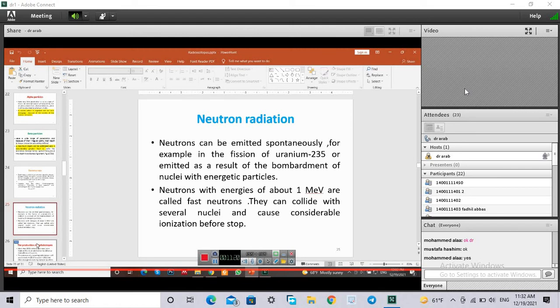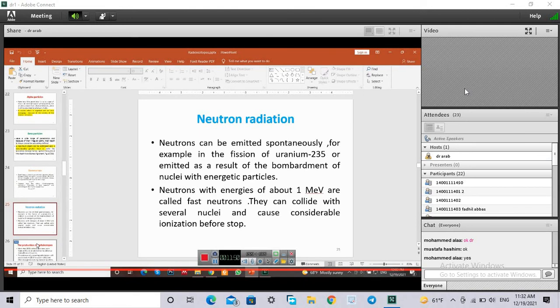Okay, up to now, I can summarize what I said in this slide. I spoke about the penetration rate that is different between different particles and rays. Alpha, due to its high mass and high charge, has the lowest penetration rate and can deposit nearly all of its energy in a very, very small distance.